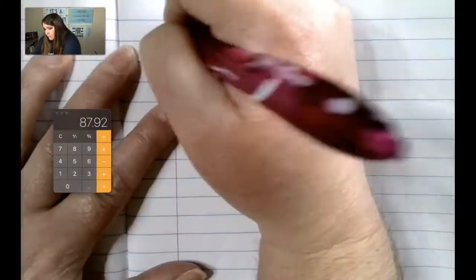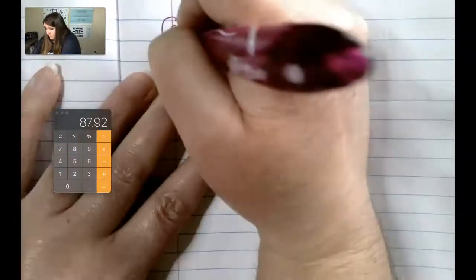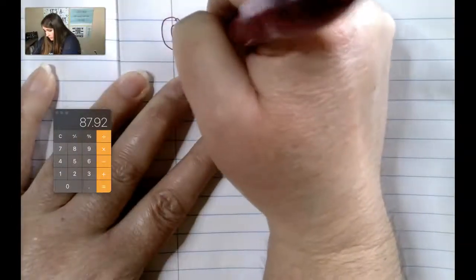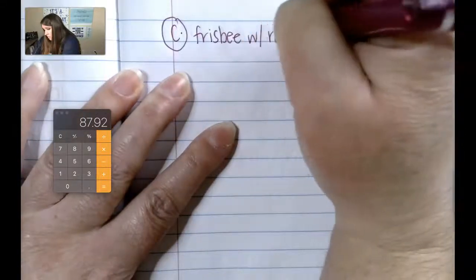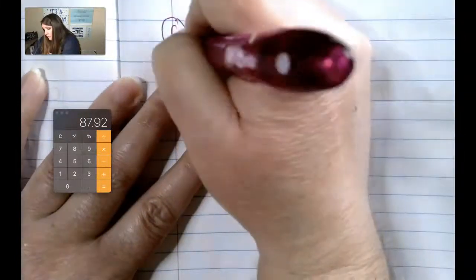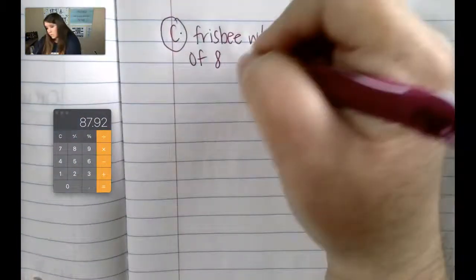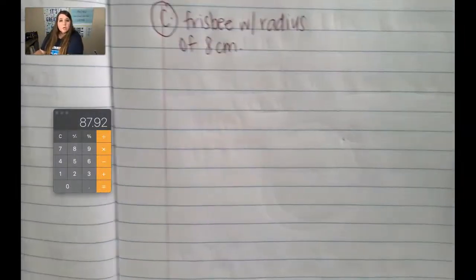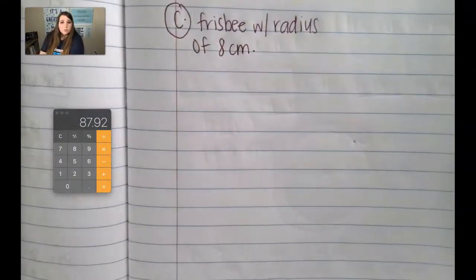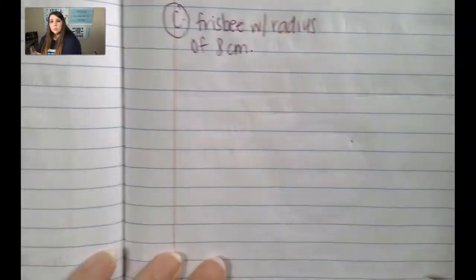And the frisbee has a radius of 8 centimeters. So because they give this to us in words, we are welcome to draw a picture if that helps us to be able to picture this better.